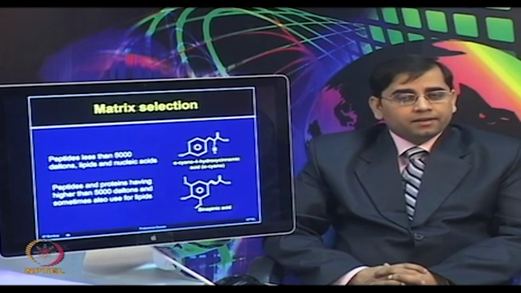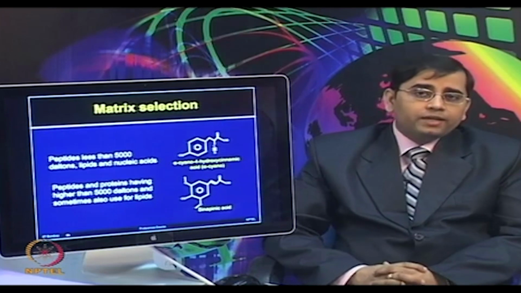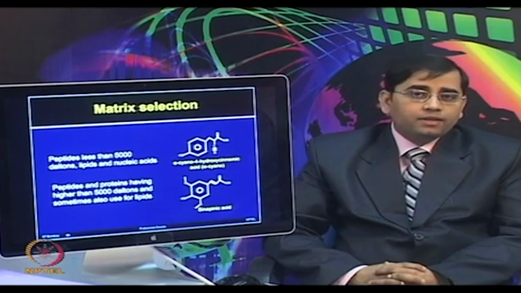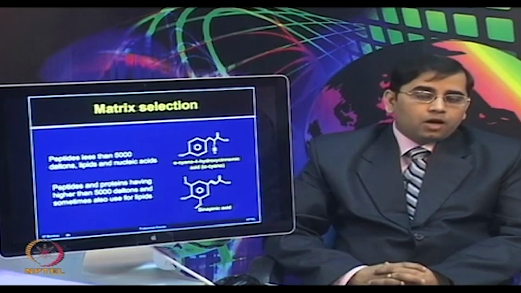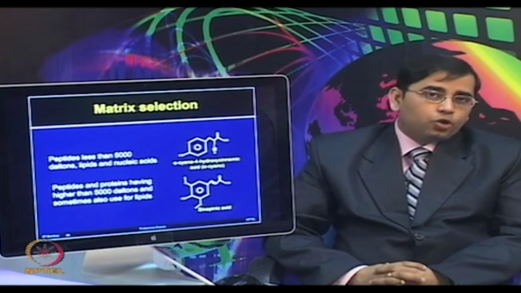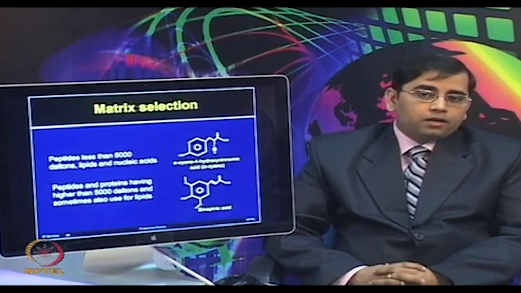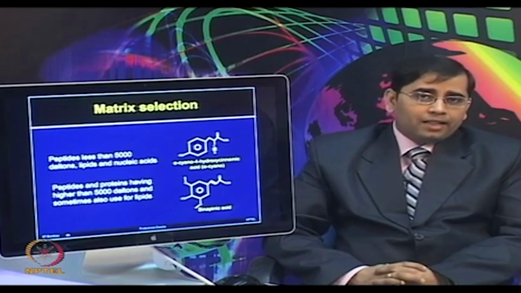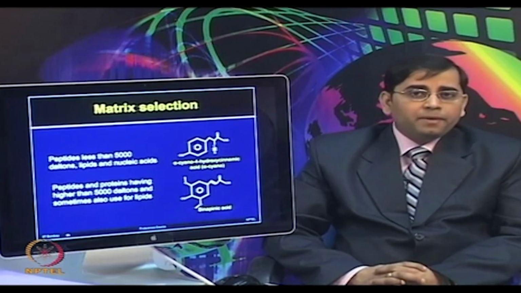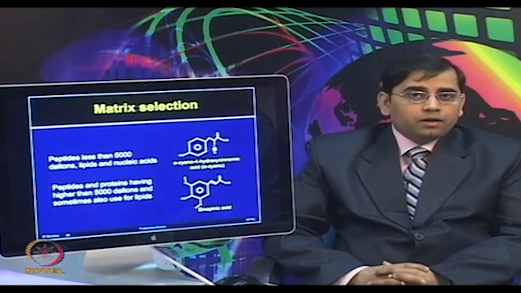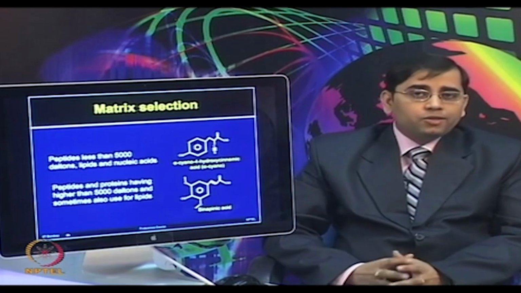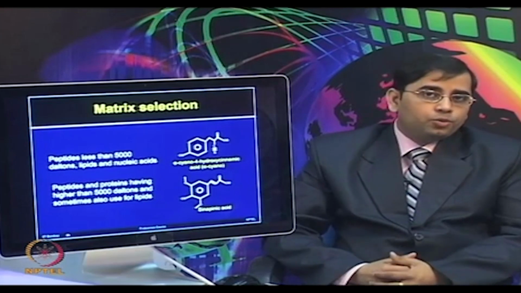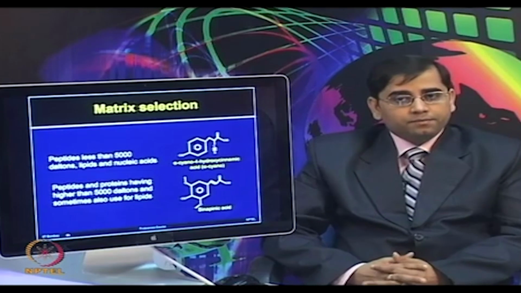Most of the matrices are acidic in nature, so they can easily excite the photon and ionize analyte for the analysis. However, there are a few basic matrices also available. In the slides, I am giving you an overview of a few matrices and some of their properties. There are many more properties which are not mentioned here, but this gives you certain major features of these matrices commonly used for the various applications.